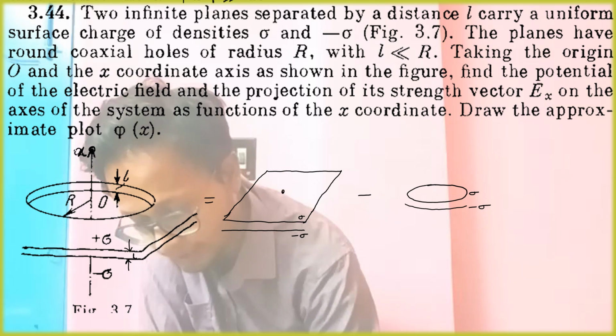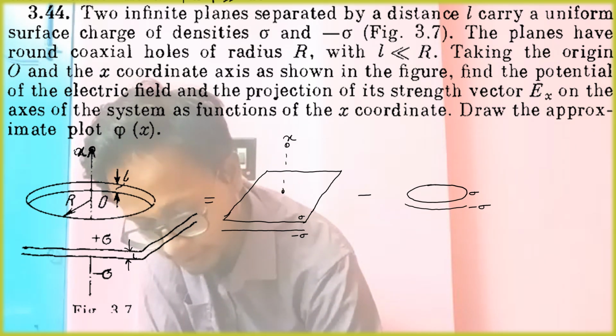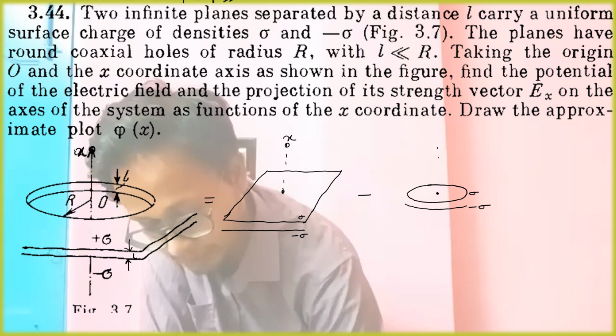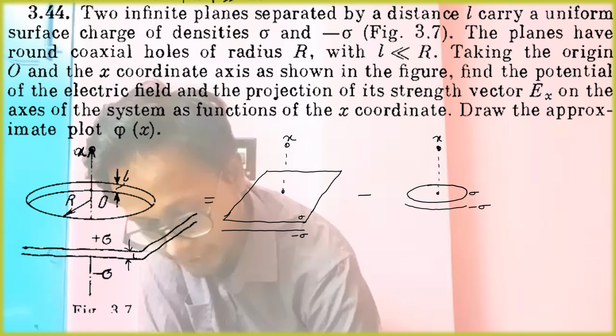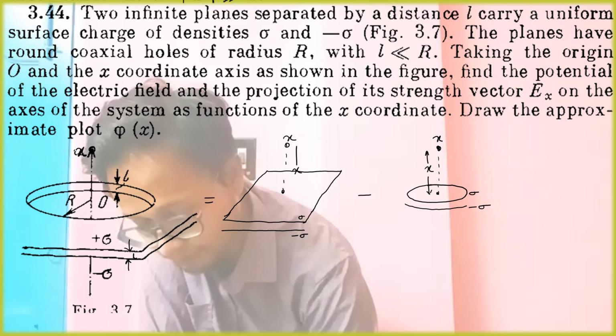I have to find the electric field and potential at point X due to a circular disc of radius r. This is equal to X. This is also equal to X.